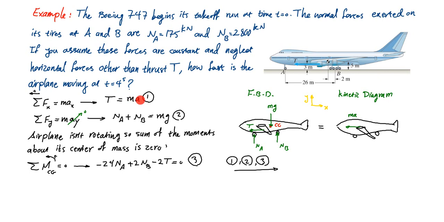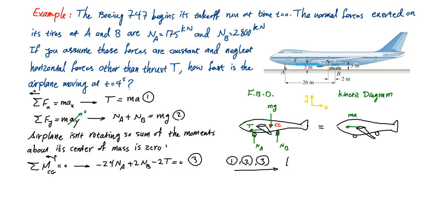Let's say you can find T from this equation, put it in the second one, then second and third equations are going to be 2 equations and 2 unknowns. You know the values of NA and NB. NA is 175 kilonewton, NB is 2800 kilonewton, and you can just solve for these unknowns, T, A, and M.